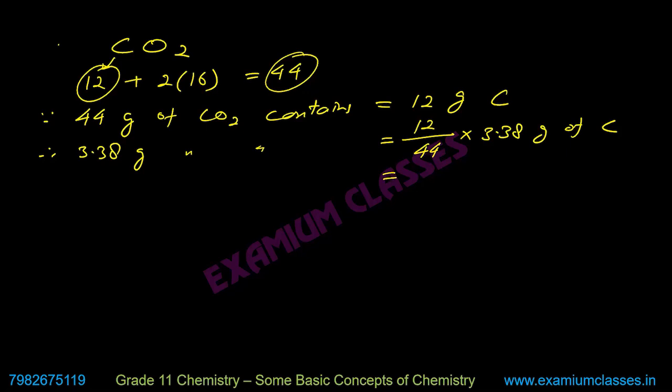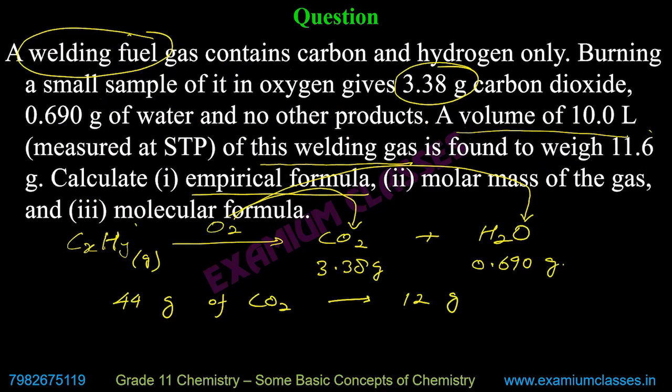When you simplify this, it will be approximately 0.92 grams of carbon. So in the sample there was 0.92 grams of carbon, which got converted to 3.38 grams of carbon dioxide. All the carbon in the carbon dioxide is from the welding gas.